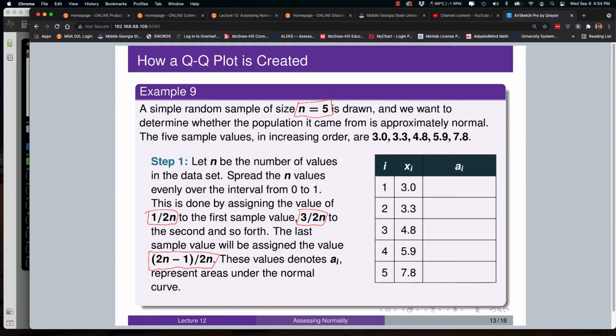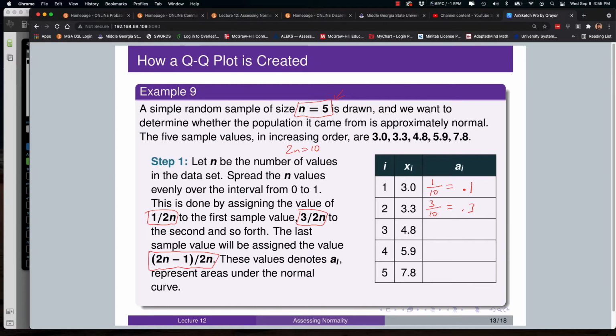All right. So for example, the first a sub i value is going to be, since n is 5, then 2n is equal to 10. So this will be equivalent to saying we're going to have 1 over 10 is the value, which equals 0.1. The next one we skip, we go 2 up in the numerator, so we're going every odd number here. It'll be 3 over 10, which will equal 0.3.